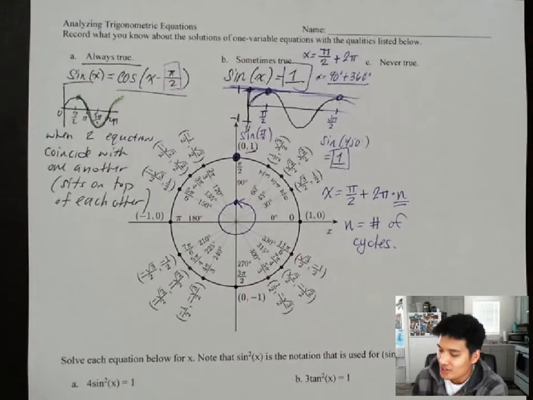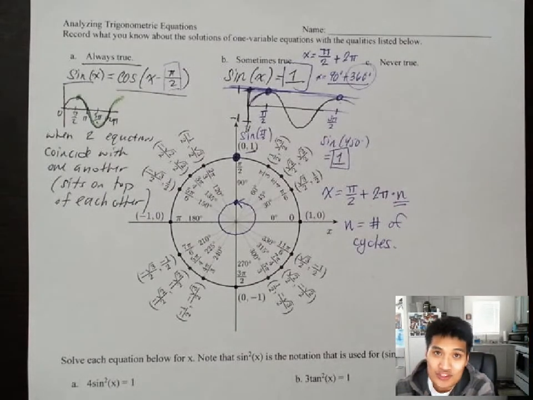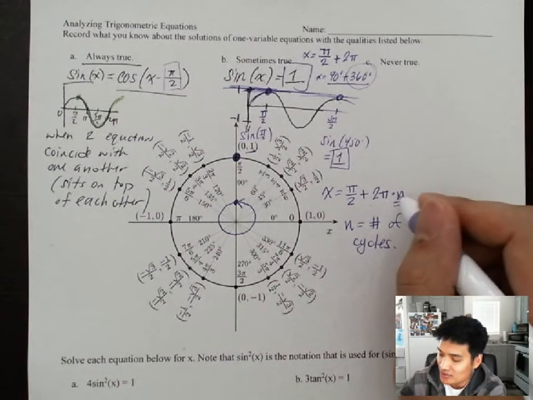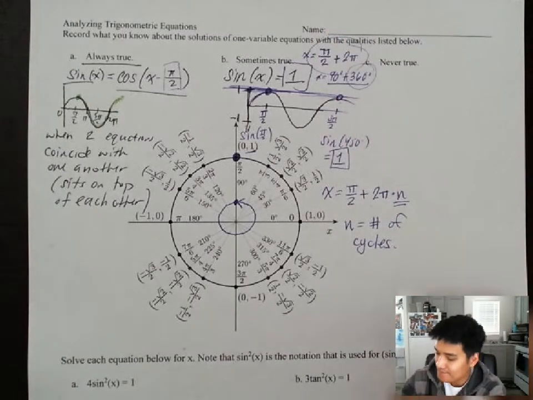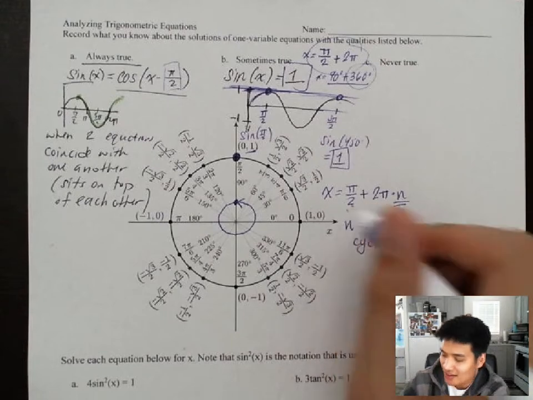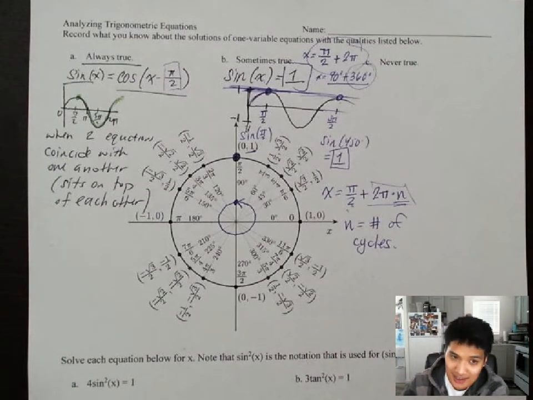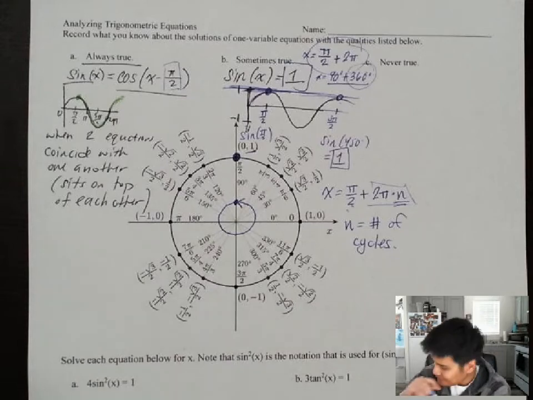Okay, so like in this case here, this one right here is 1 full cycle. So when I plugged in n is equal to 1, I would get this solution that I have here. Okay. So essentially, if you find one solution, all you have to do is plug in this 2 pi times n here, and then essentially you get your answer. We'll take a look at more examples in a bit.